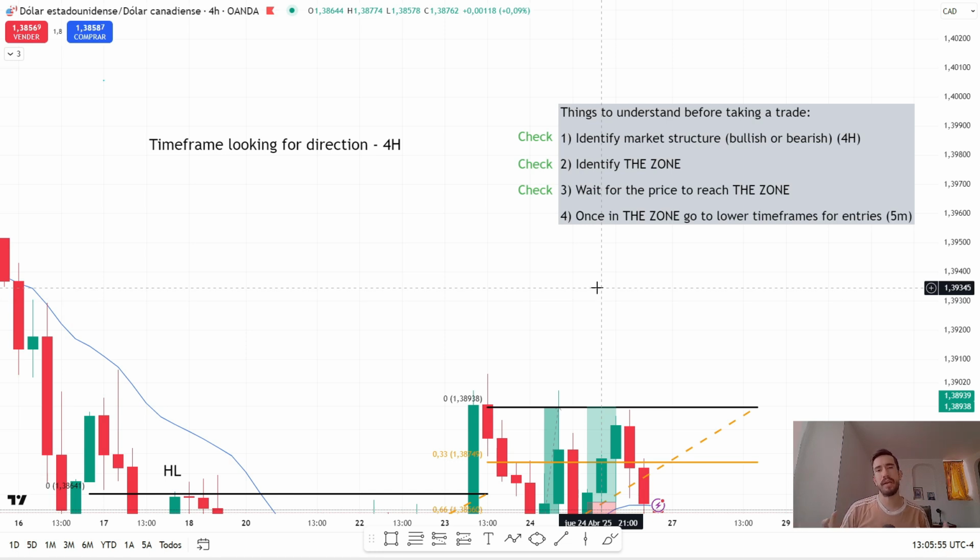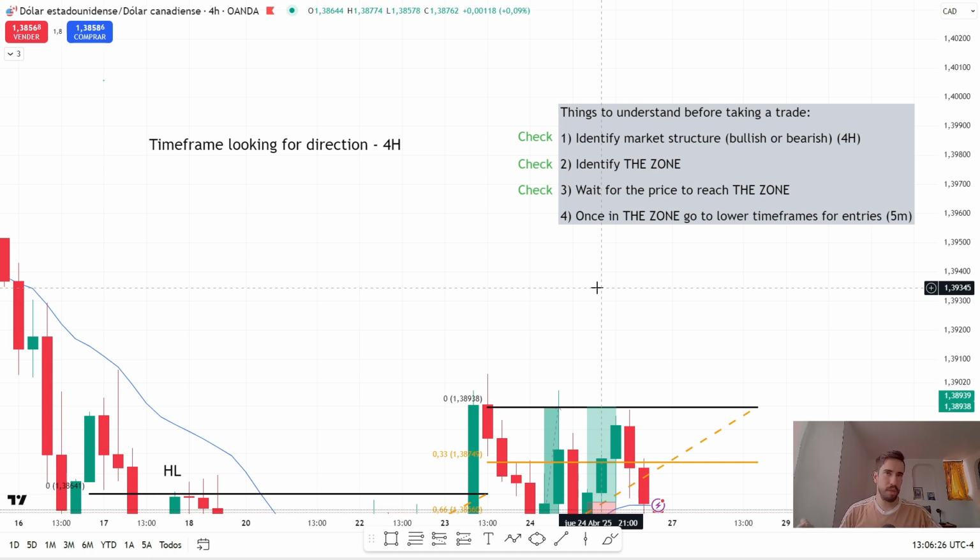In this case, I like to use the 4 hours time frame to identify the direction because the structure is easier to read than maybe smaller time frames, and the structure is way stronger. What I mean by stronger is that when you reach a support or a resistance on the 4 hour time frame, it is more respected than if we go to the 5 minutes, 15 minutes, or even the 30 minutes time frame, or 2 minutes, of course.